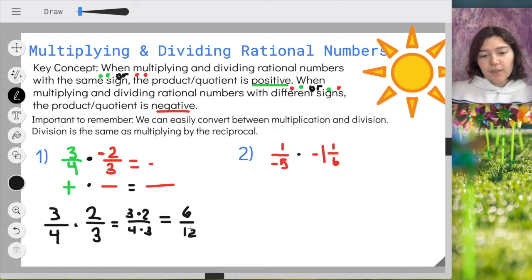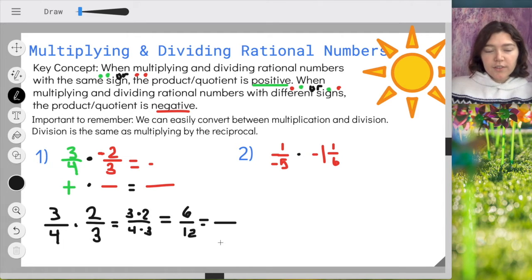So what we want to do is see, is there a common factor of both 6 and 12 that we can divide out? Yes, there is. The factors of 6 are 1, 2, 3, and 6. And the factors of 12 are 1, 2, 3, 4, 6, and 12.